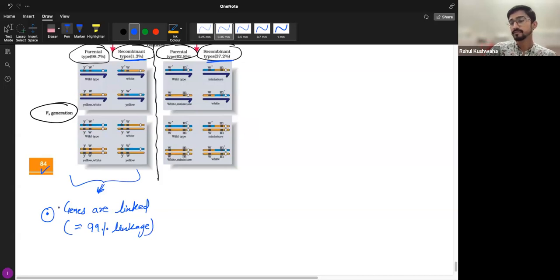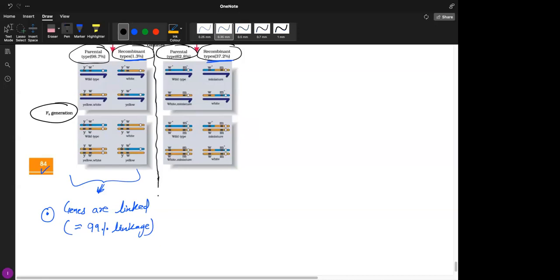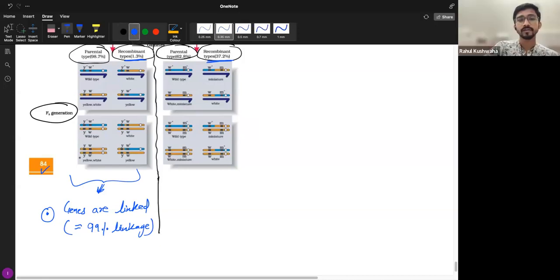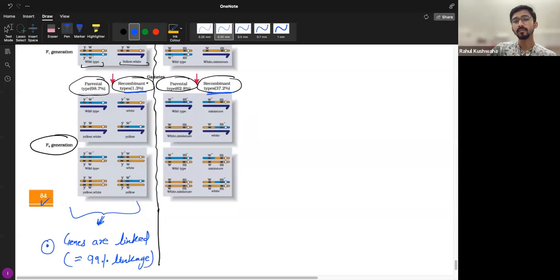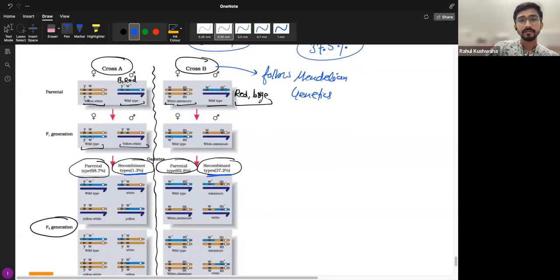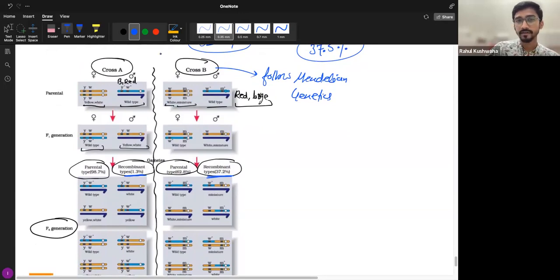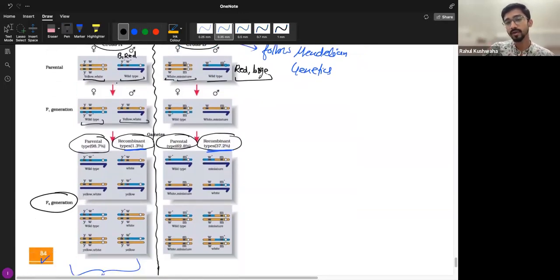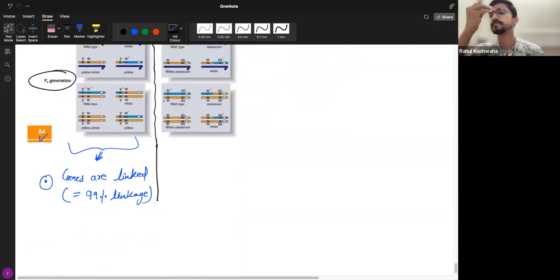Yes. What else can I conclude? That because of linkage, there is very little recombination between these two genes. And pay attention to how they have drawn it. Did you get any hint? What else can I conclude from these figures?